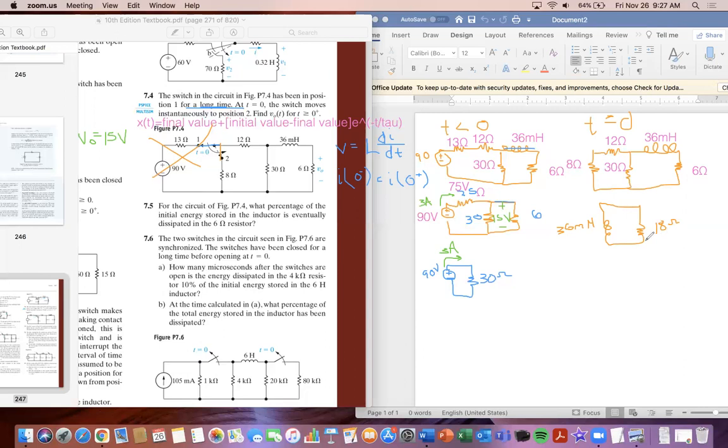So the voltage at time infinity, what is that going to be? Will there be any voltage drop? What I'm looking at in the circuit is whether there will be a voltage drop across the 6 ohm at time infinity.